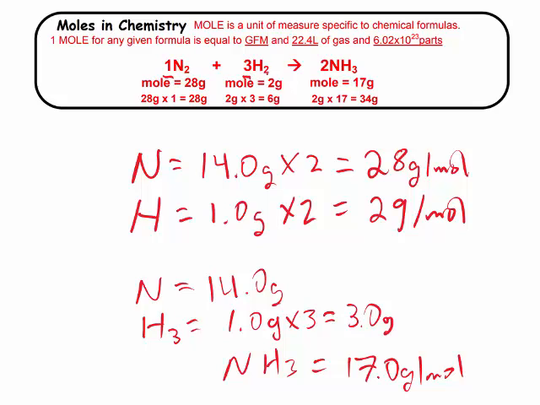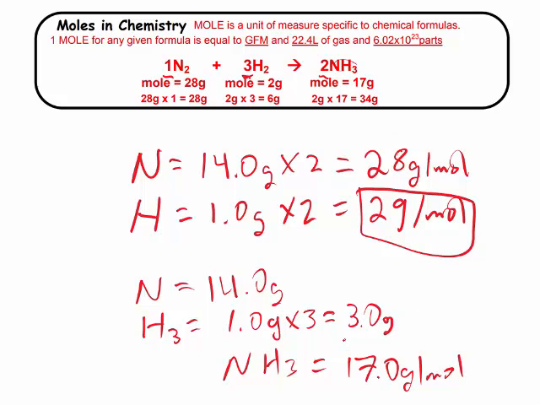But here this 3 is telling me that I have 3 of the H2s. So 1 mole of H2 is 2 grams. That's the GFM that we calculated here, right? 2 grams per mole. But the 3 tells me I have 3 moles, so for the total mass of the hydrogen, 1 mole is 2 grams, so 2 times 3, 6 total grams. Here, this number's telling me that I have 2 moles of the ammonia in the formula.